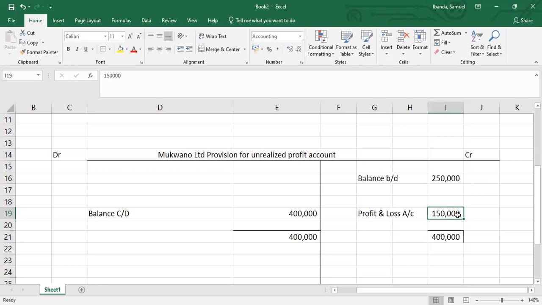As you can see, in the provision for unrealized profit account, it is a credit. When we go to the P&L in the trading, it will be debited. So that is basically the principle.